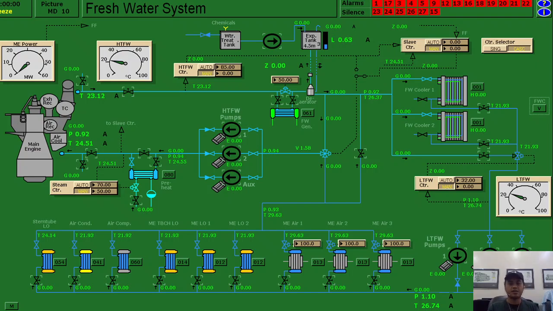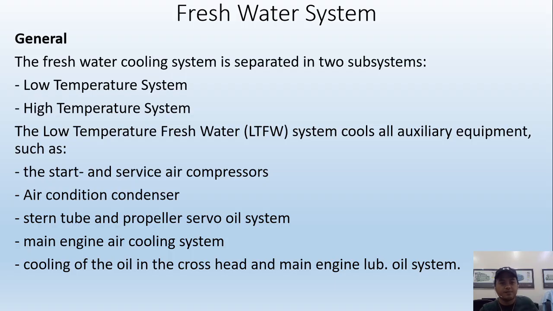So let's have a general check of the freshwater system. The freshwater cooling water system is separated into two subsystems, the low temperature and the high temperature system. The low temperature freshwater system cools all auxiliary equipment such as the start and service air compressors, the air conditioning condensers, stern tube and propeller servo oil system, main engine air cooling system, and cooling of the oil in the crosshead and main engine lube oil system.